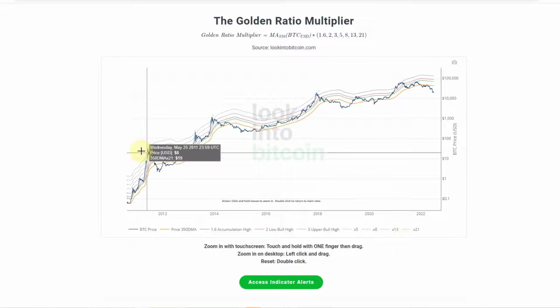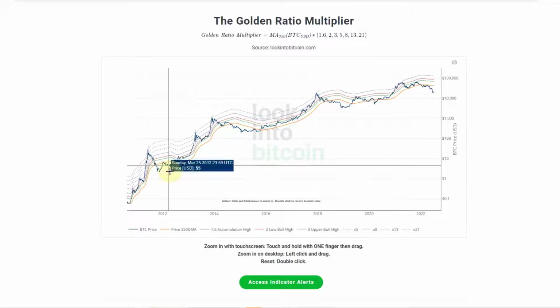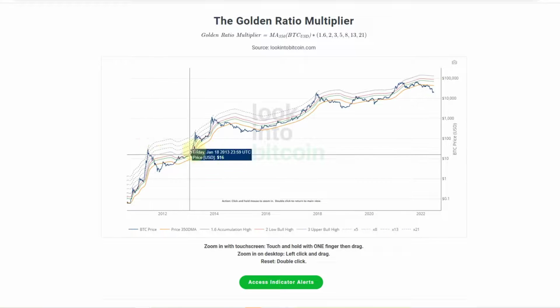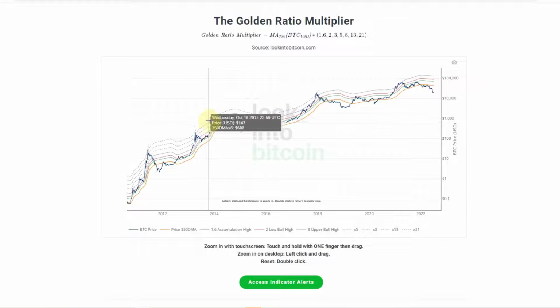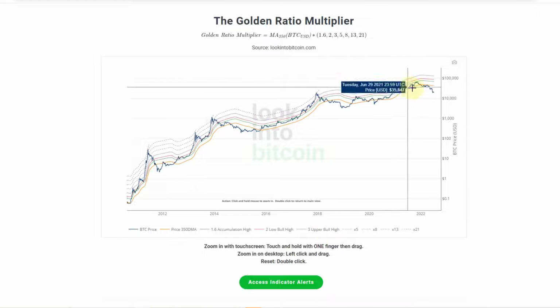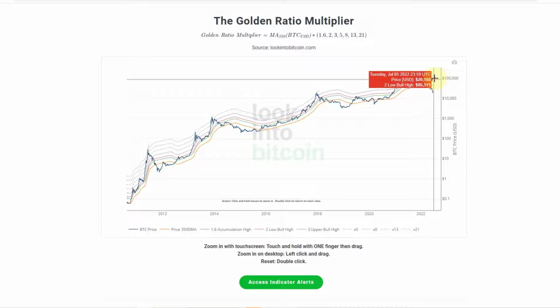We had here the times 21 reached in 2011. Then in the next peak, we only reached the times 13. In the next peak, only times 8. In the next peak, only times 5. In the next peak, we only reached the 3 upper bull high, which would suggest that in the next peak we should only reach the 2 low bull high, which is currently located at 36K.